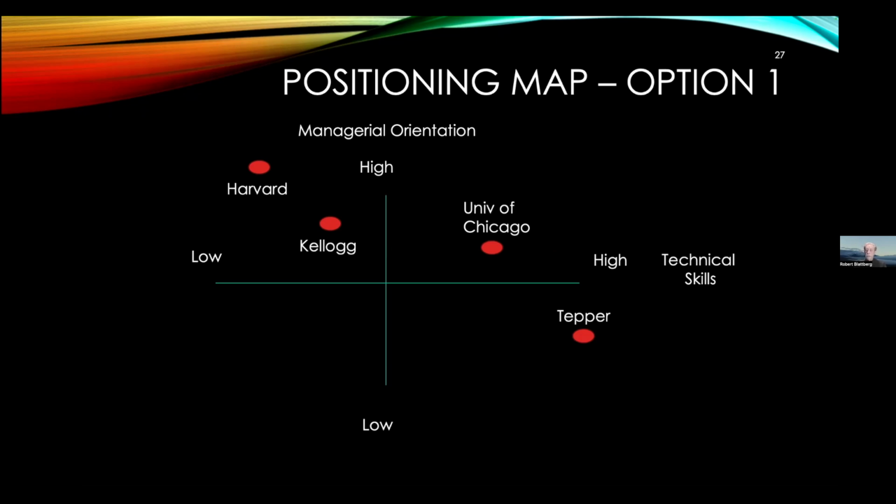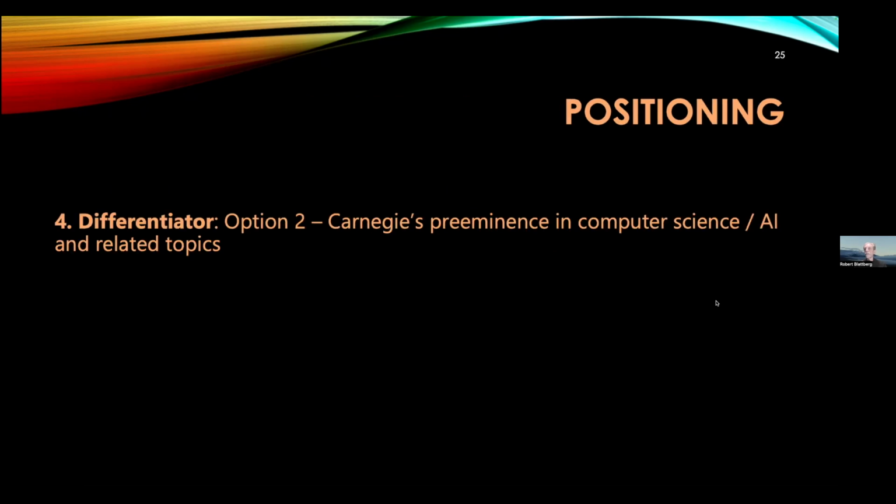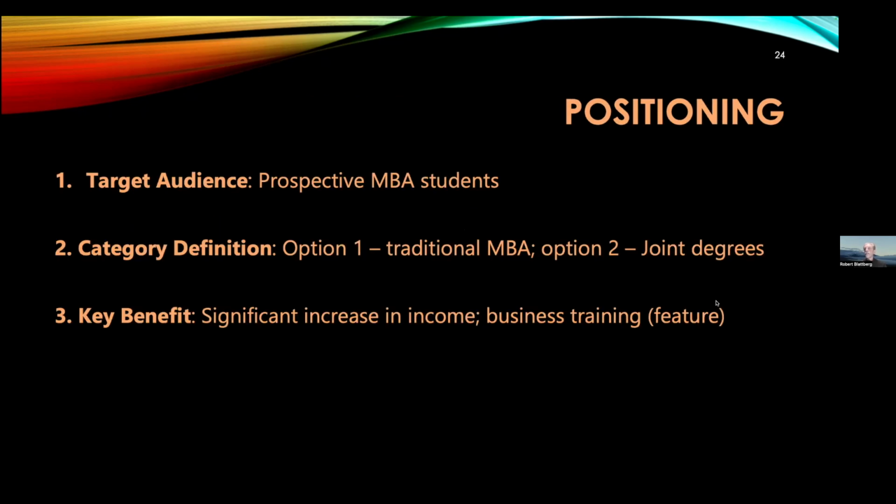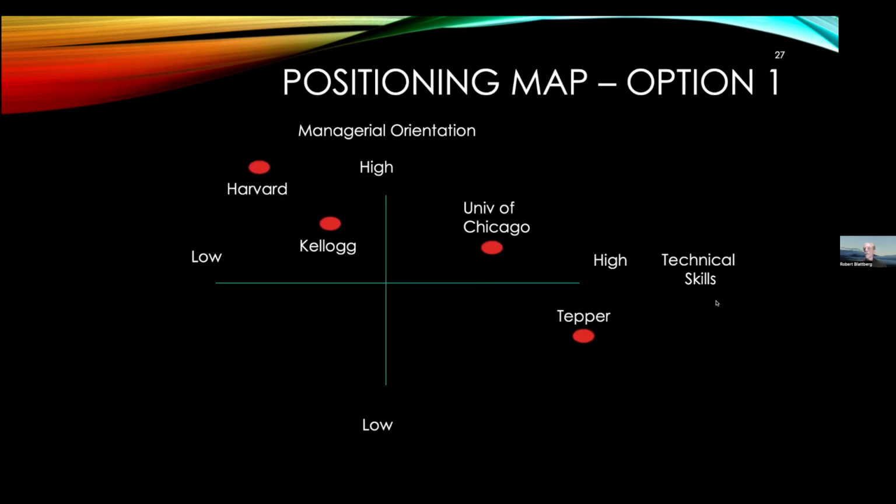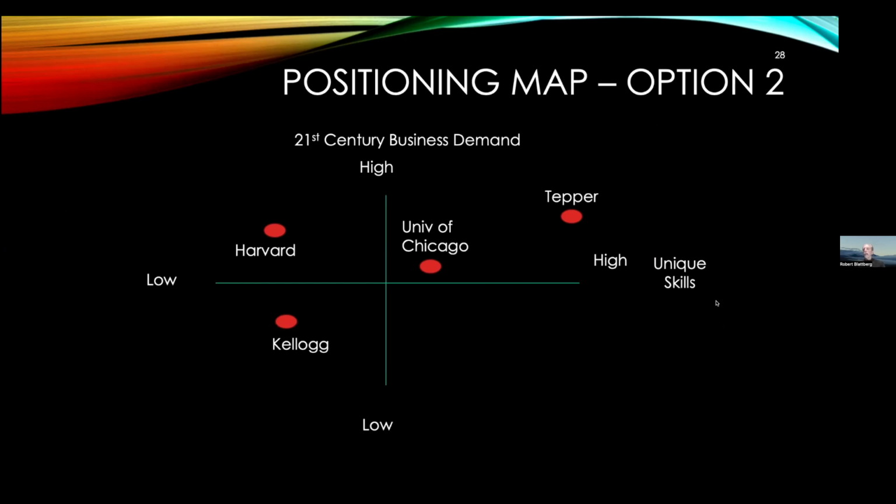This is option one, going back to my options: a traditional MBA program. Suppose we change this to option two, which is a joint degree. I call the axes unique skills and a 21st century business demand orientation.